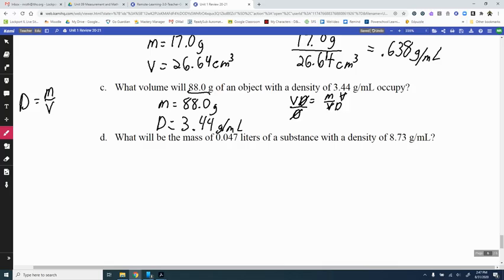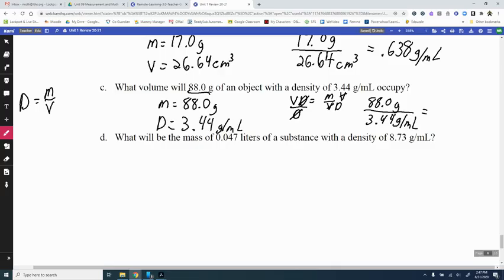So now we just take M, 88.0 grams, divided by D, 3.44 grams per milliliter. And we get a number that I haven't calculated yet, so give me a second.